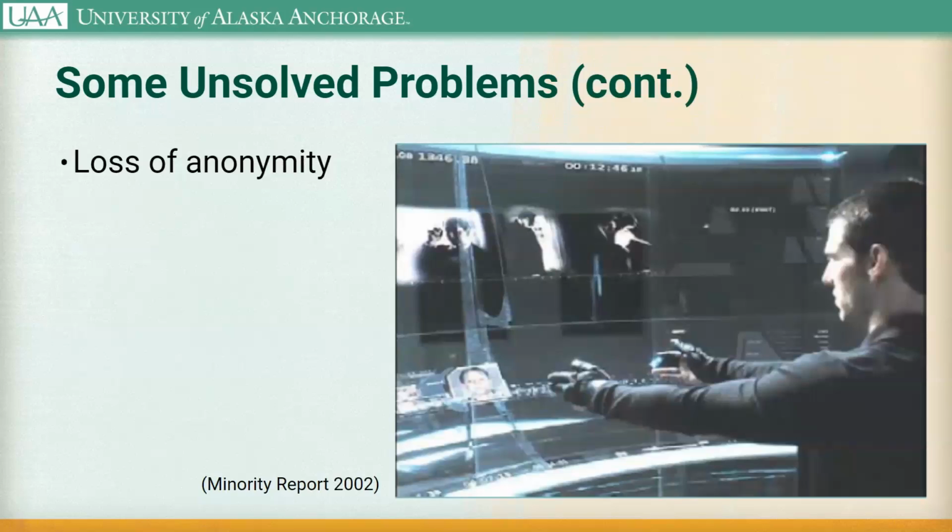So I've kind of hinted along the way at the problem of privacy issues and a loss of anonymity. We've all been coming to terms with that and experiencing that over recent periods on the web. We like to imagine that we're this anonymous person out there on the web interacting with data, and we tend to forget the fact that all of our activities out there on the web are being tracked.